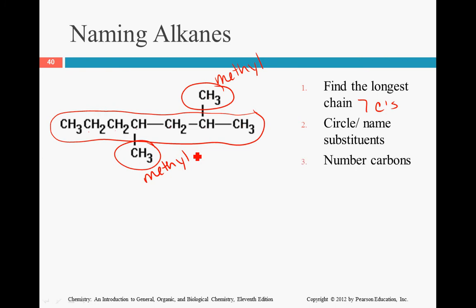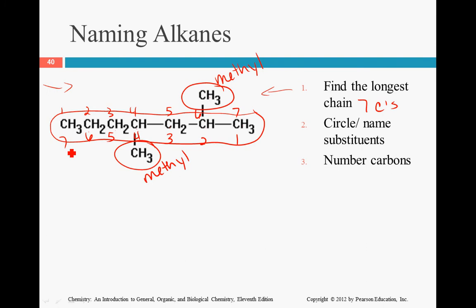Number the carbons. We can go from the left or we can go from the right. So if we go from the left, 1, 2, 3, 4, 5, 6, 7. If you go from the right, 1, 2, 3, 4, 5, 6, and 7. We want to pick the direction that gives our substituents the lowest number possible.